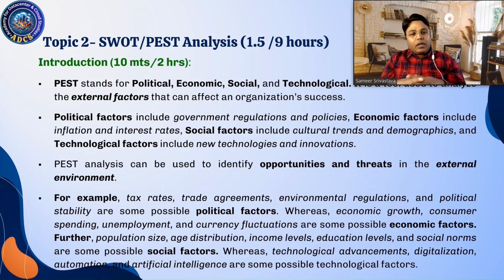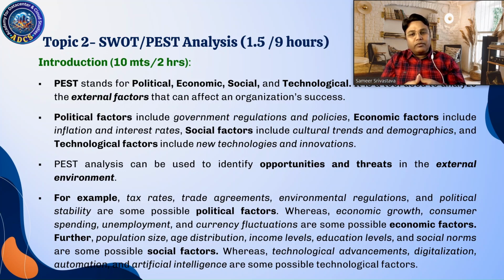Similarly, when we talk about economic factors, there are economic growth, consumer spending, how much consumers are able to spend, the different segments, unemployment, and currency fluctuations, how frequently your currency is fluctuating.